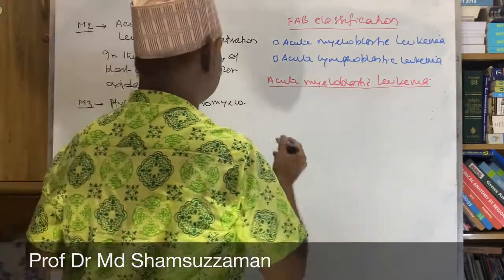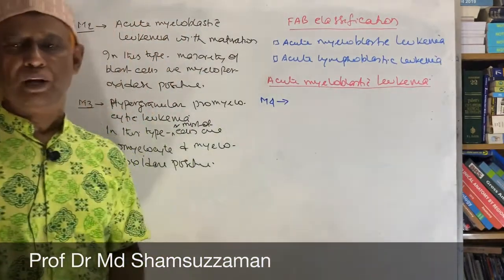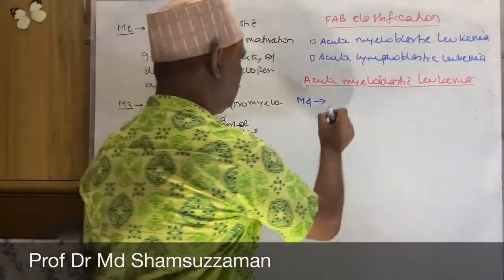Now come to M4. It is called myelomonocytic leukemia.